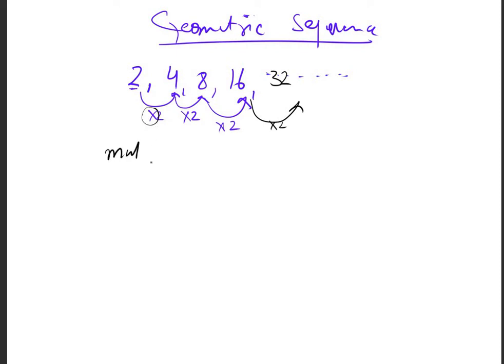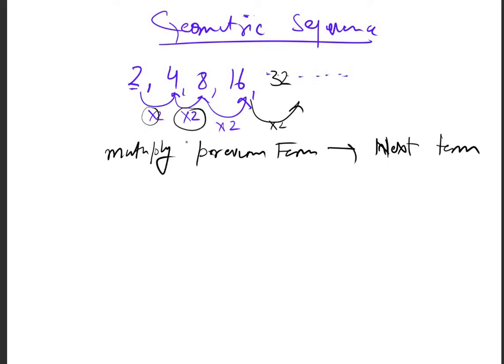So we multiply the previous term by a number to get to the next term. And this number that we are multiplying by is called the common ratio. It was common difference in the world of arithmetic sequences, but this is the common ratio r.